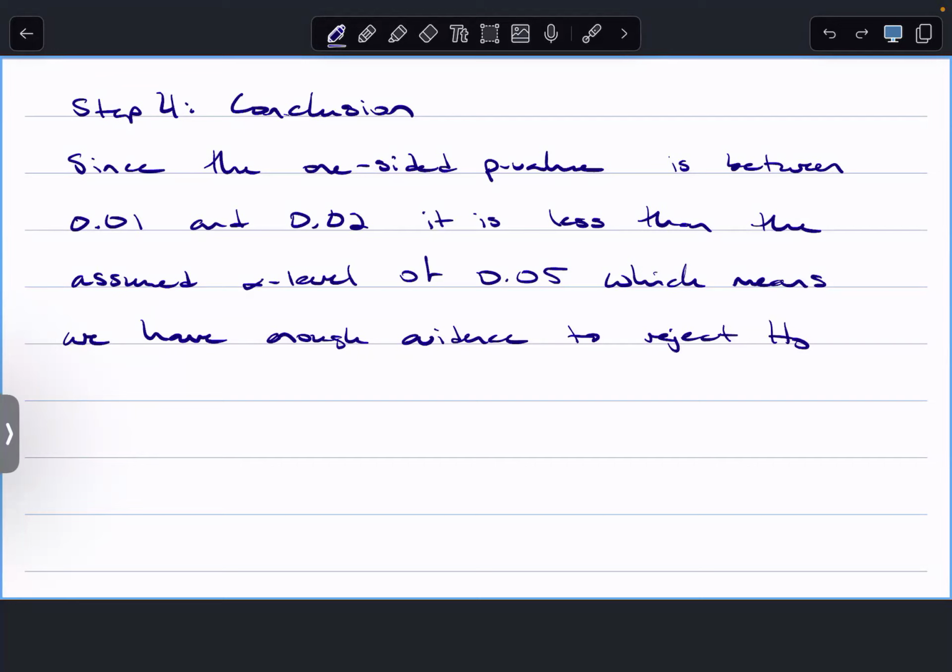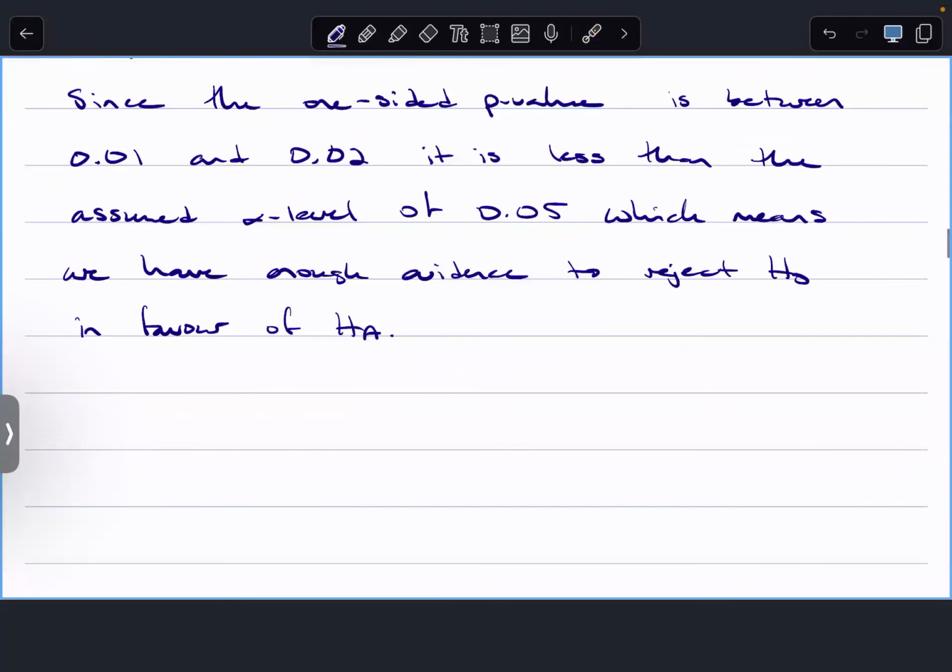And if I'm rejecting H naught, then I can say in favor of HA. And you don't have to say in favor of HA, because it's more important to me that you only state your decision in terms of H naught, right? Reject H naught or fail to reject H naught. Or you have enough evidence to reject H naught, or you do not have enough evidence to reject H naught. And those are your only two options.